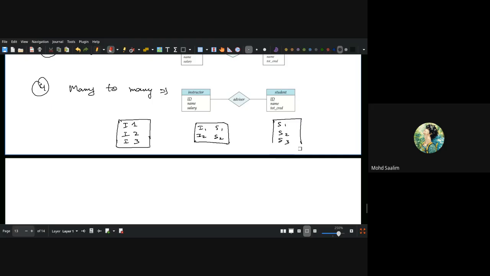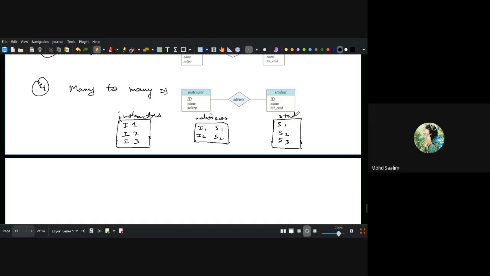So what is happening here? Which rows from instructors and students are left and not participating in this relationship? Can you tell me? I3 and S3, right?